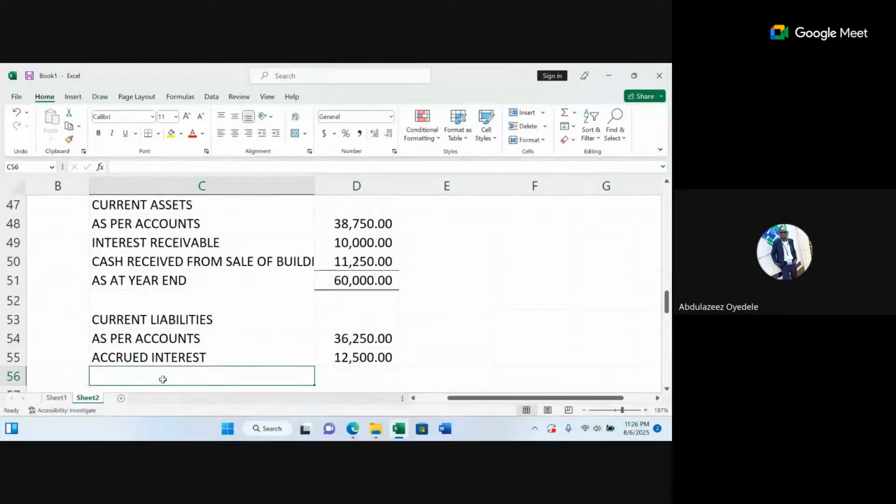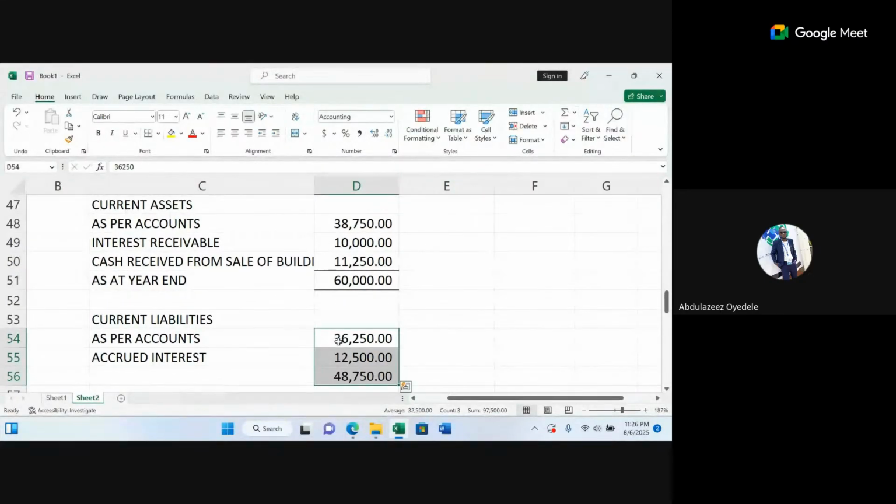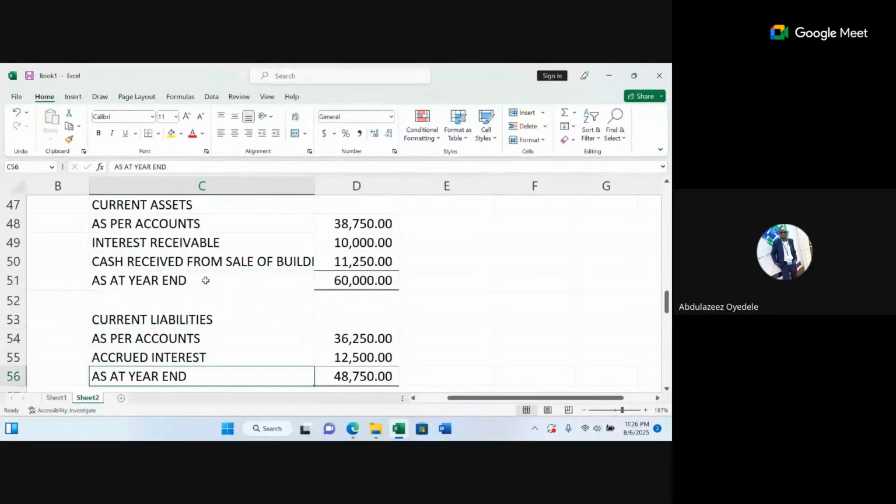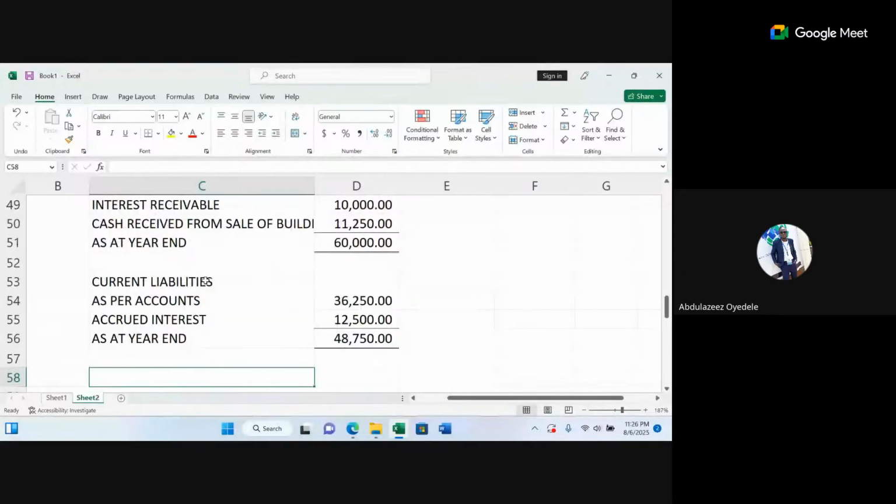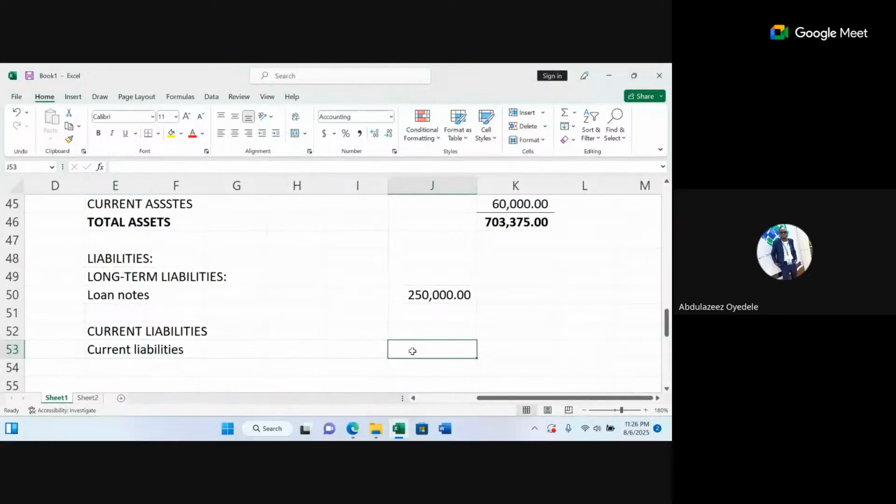Okay, with these two, we can have our total current liabilities at year end. So we can take this to our solution: 48,750 as the value of current liability. All right.